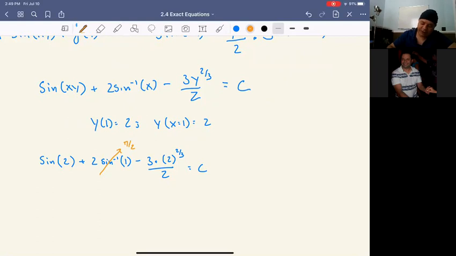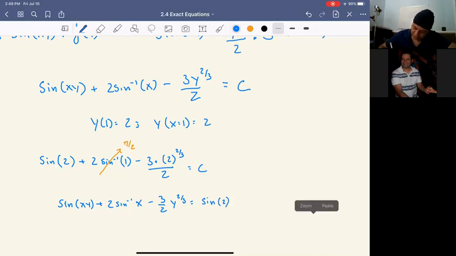So our final solution is going to be sine of xy plus 2 sine inverse of x minus 3/2 y to the 2/3 equals sine of 2 minus pi minus 3 over 2 to the 1/3.